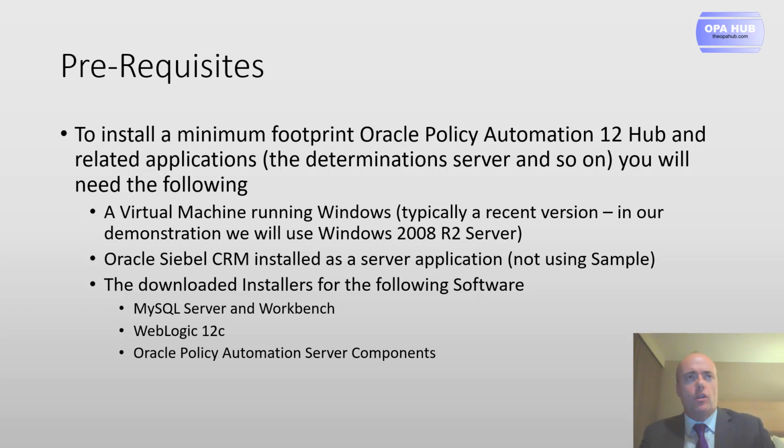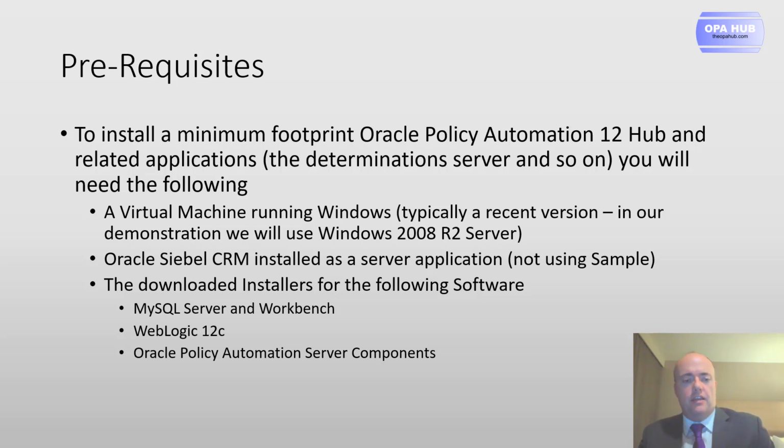If you're going to follow along step by step with all of the exercises that we show you in the 6 or 7 modules that are coming up, you will need a minimum of an Oracle Policy Automation with WebLogic Server. Typically, this will be a VM. In our demonstration, we're using Windows 2008 R2.